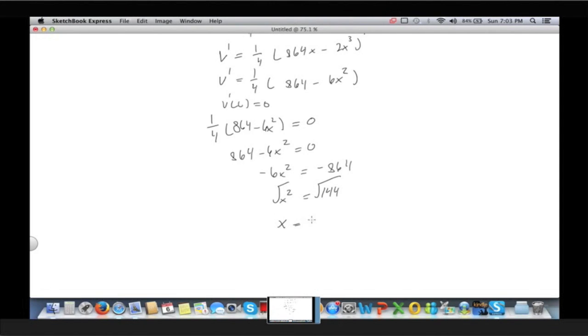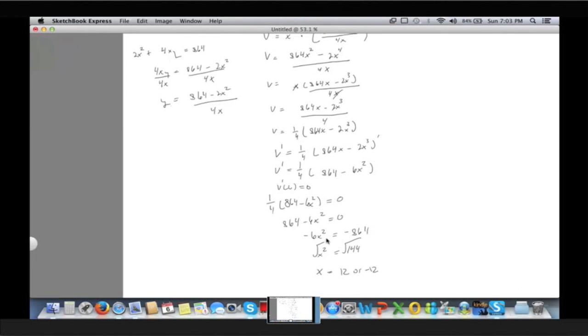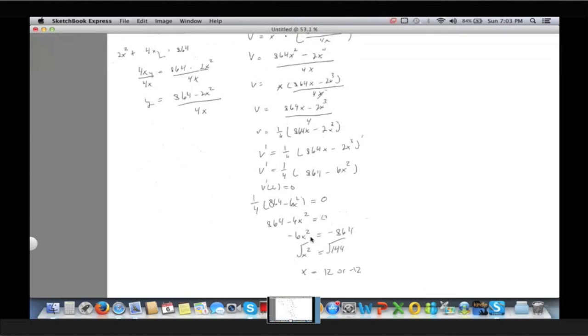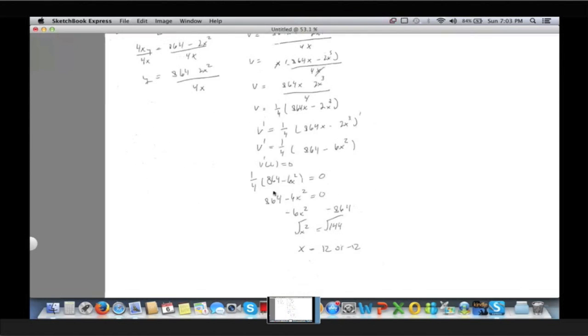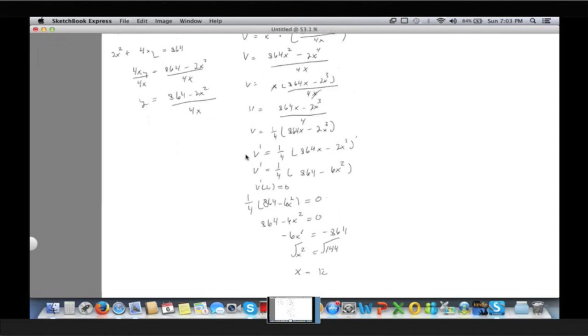So that's 12. This is talking about our side x. So now we have x.